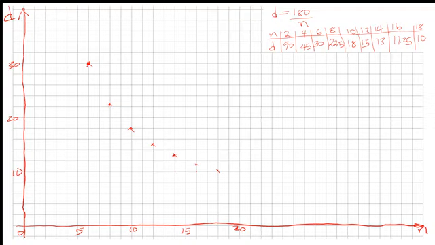So if we draw the curve, it's coming like a curve. If we follow it like that, you can continue like that, it will go like that, it will never come to zero.